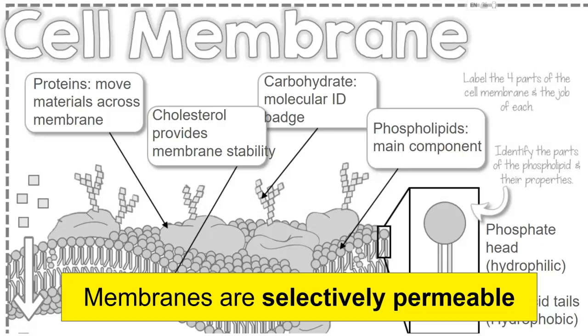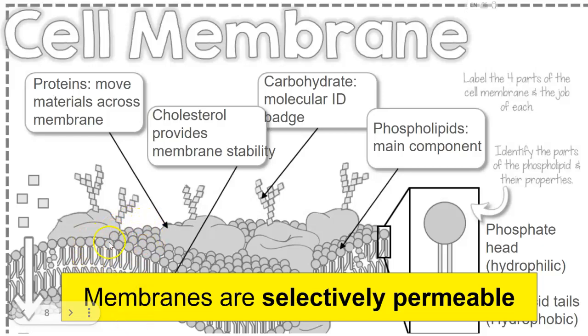I'm not going to let just anyone be my friend. I'm going to be careful about who I interact with, right? Permeable means to be able to go through, right? So membranes being selectively permeable, they keep some things out and they allow certain things to go in, okay?